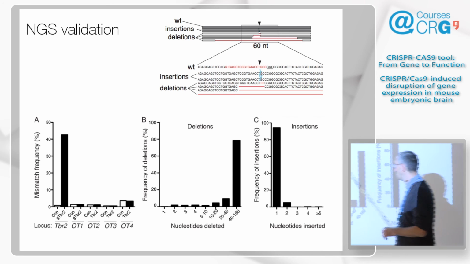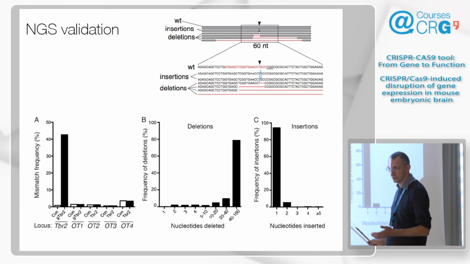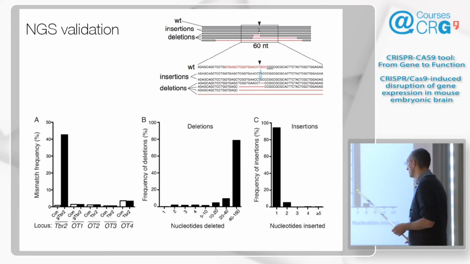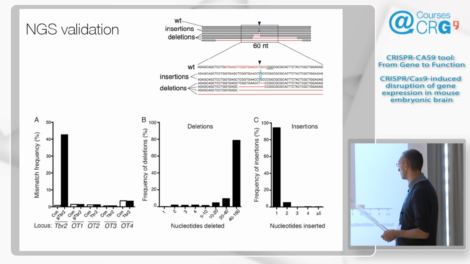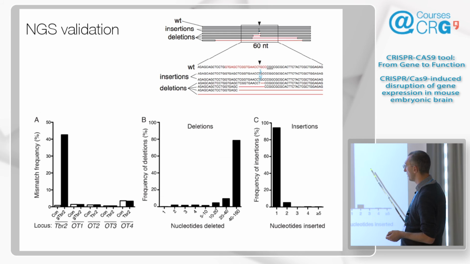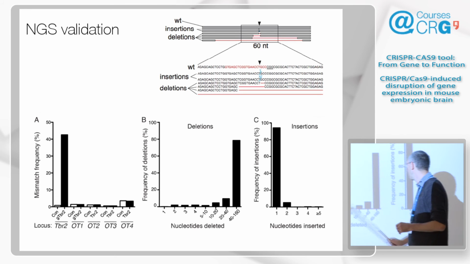Deletions are common, and they would often be disruptive to the gene. Big deletions were actually quite common, and short not so much. That's interesting. The other main classes that we saw were insertions, a lot of insertions, and also mismatches quite a bit.